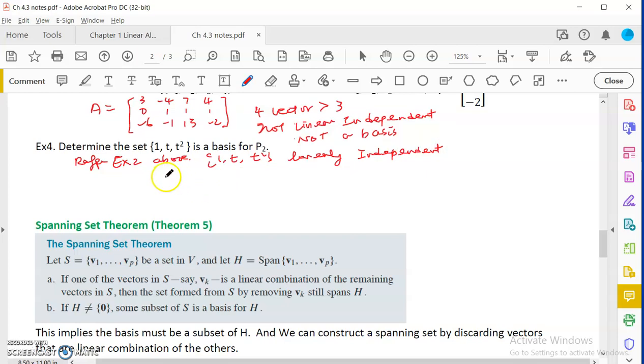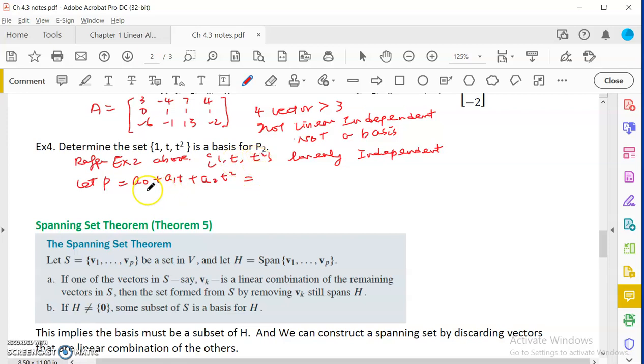Spanning means that if I have a polynomial, let p equal, say, a0 plus a1 t plus a2 t squared, can I write it as a linear combination of these?